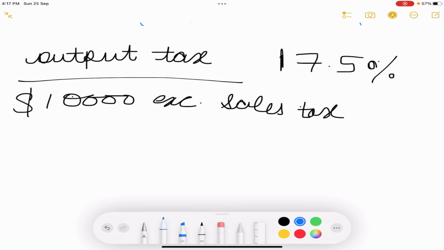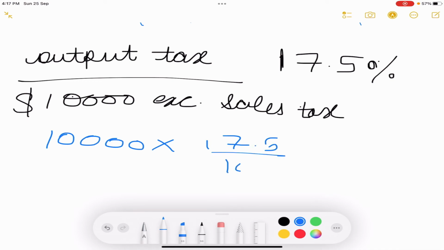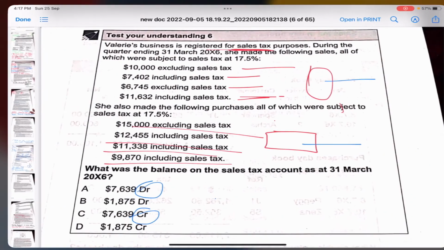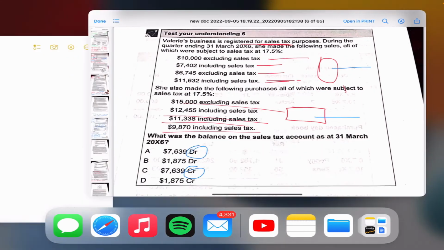So you know what to do when it is exclusive. It's going to be 10,000 multiplied by rate upon 100. So what will it be? 1750. Simple. Circling it. Next we have 7402 including sales tax.